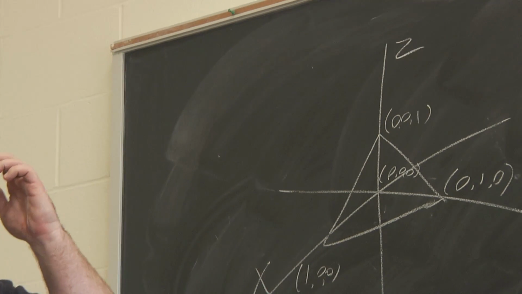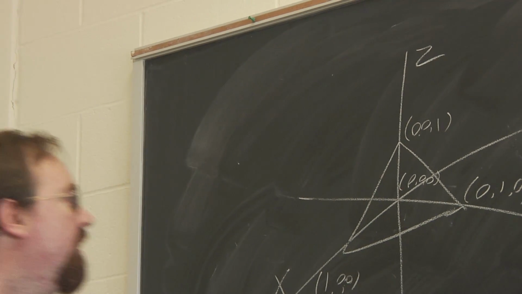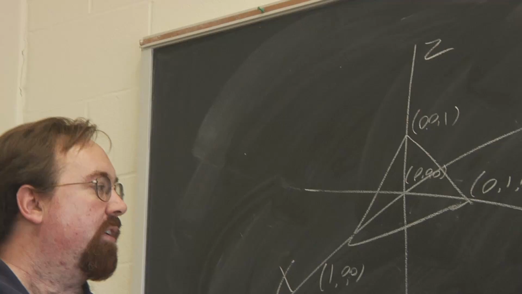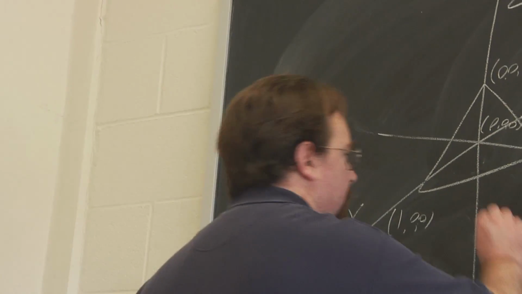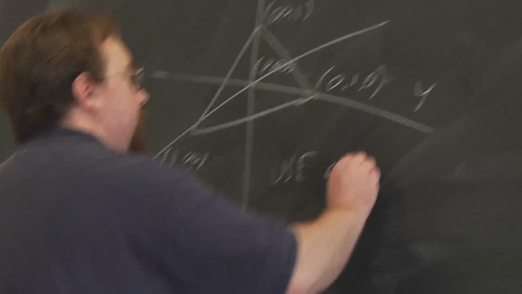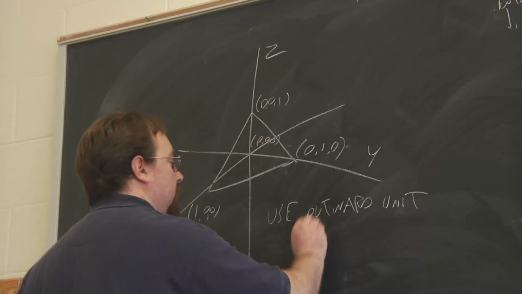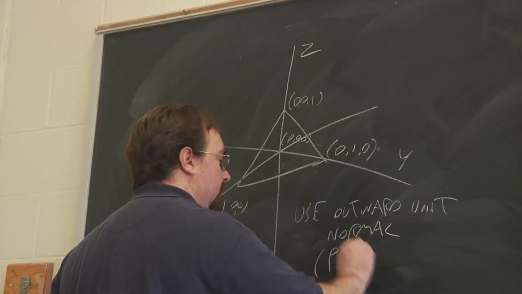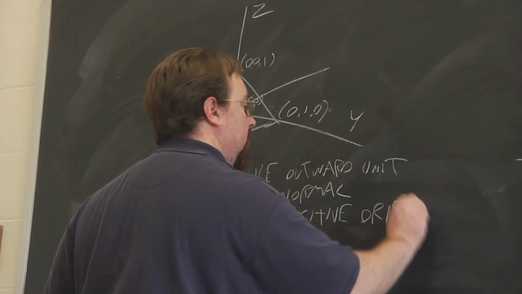And you want to compute the surface integral of a vector field over this tetrahedron. I should mention that we use the outward unit normal, and another term I'll use from time to time is positive orientation.